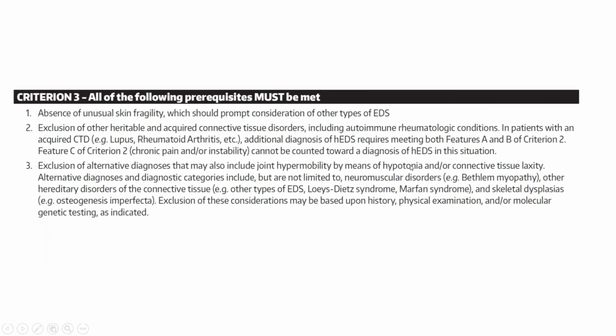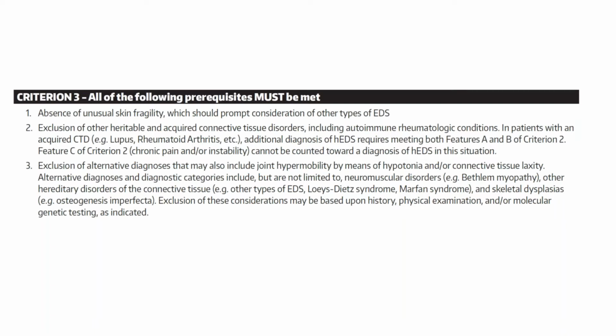And finally, criteria 3 is basically saying that we have done our due diligence and we are pretty sure that we've excluded all other possibilities in terms of making the diagnosis of hypermobile EDS. So we want to be sure that the person we're examining does not have really unusual skin fragility, which should prompt consideration of other types of Ehlers-Danlos syndrome.